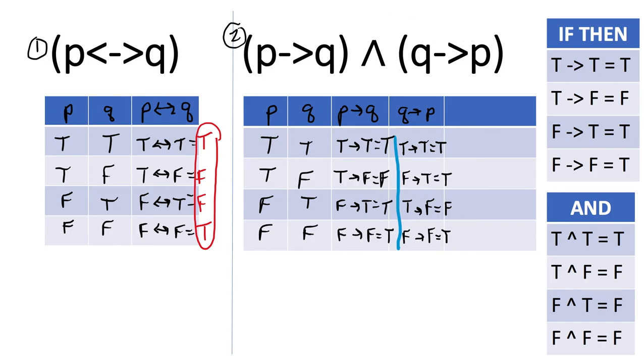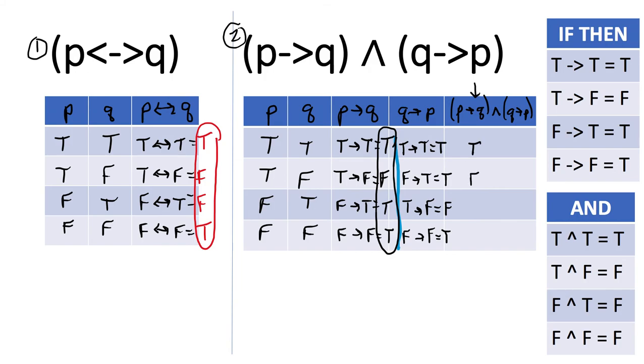Now that the left side is done and the right side is done, I now need to do both parts together. So I'm going to do P arrow Q and Q arrow P. So again, we're going to copy. So P arrow Q, that is going to be these answers that we came up with right here. So I'm going to copy those over.